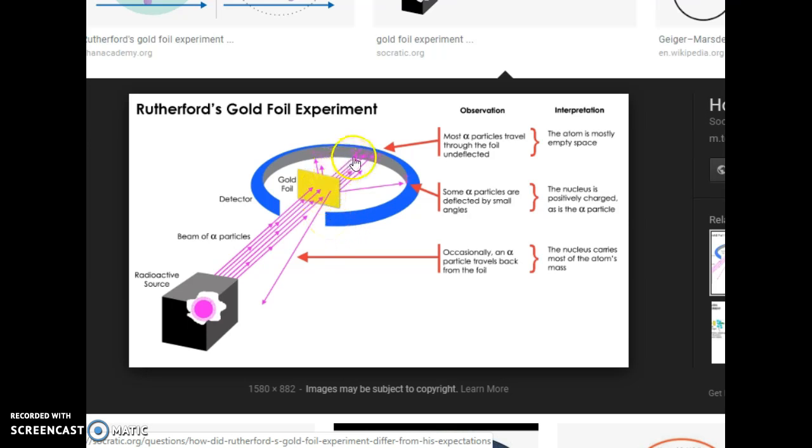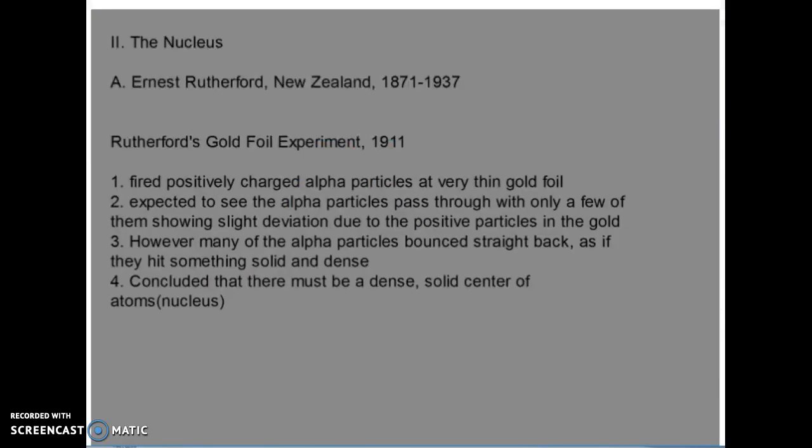And he thought he would see particles hitting here, maybe some here, maybe some even as far over as here. What he did not expect were particles hitting that super thin gold foil and not going through at all. That was completely unexpected by everyone at the time. So the only conclusion could be that there's a nucleus, and that's actually the three particles.